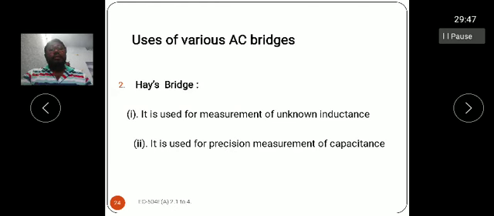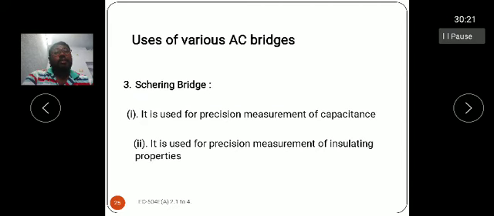It is also used for precision measurement of capacitance. So the Hay bridge has two different uses: with its help we measure the unknown inductance, and we also make precision measurements of capacitance. These are the uses of the Hay bridge.